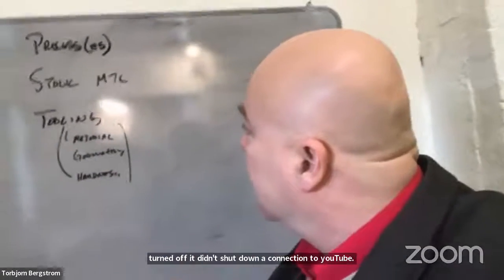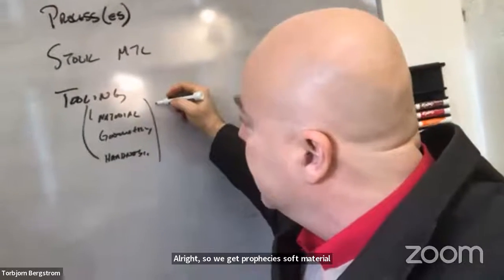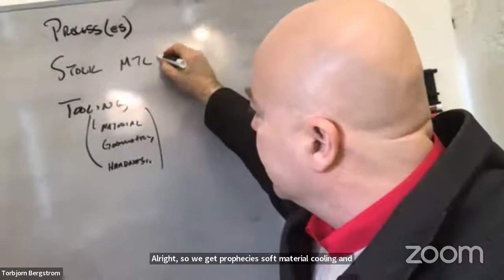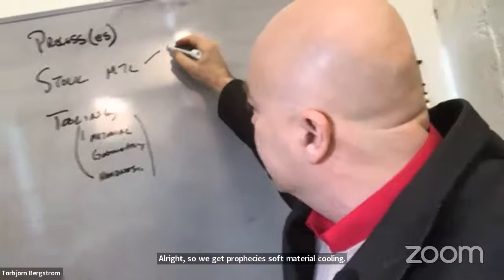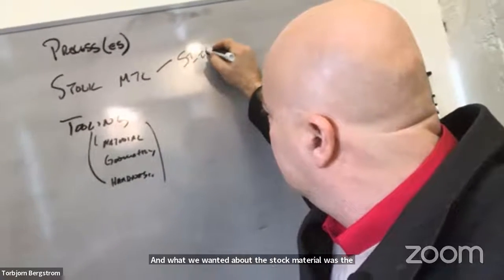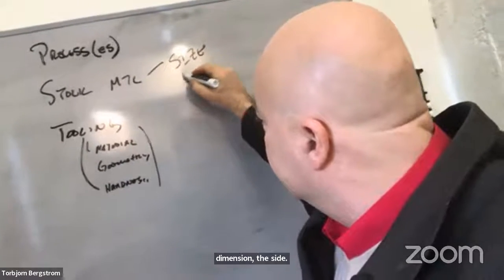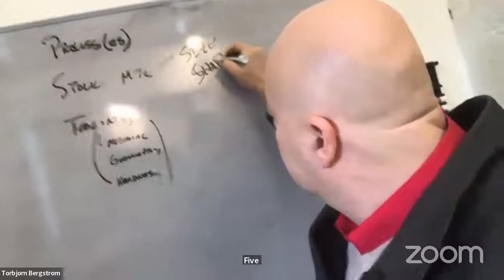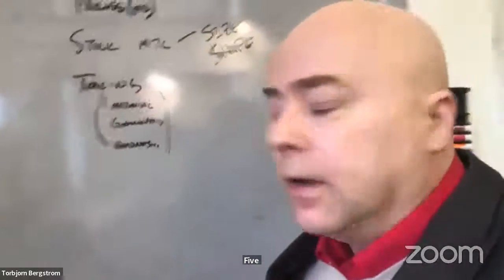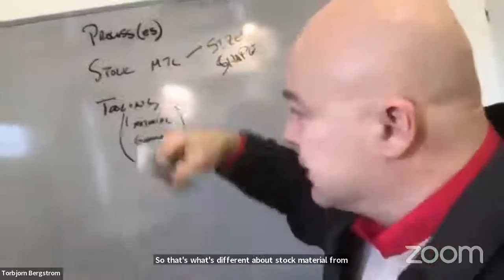Wonderful. All right, so we have processes, stock material, tooling, and what we wanted about the stock material was the dimensions, the size. Size and shape, right? Of the stock material. That's what's different about stock material from the material spec.